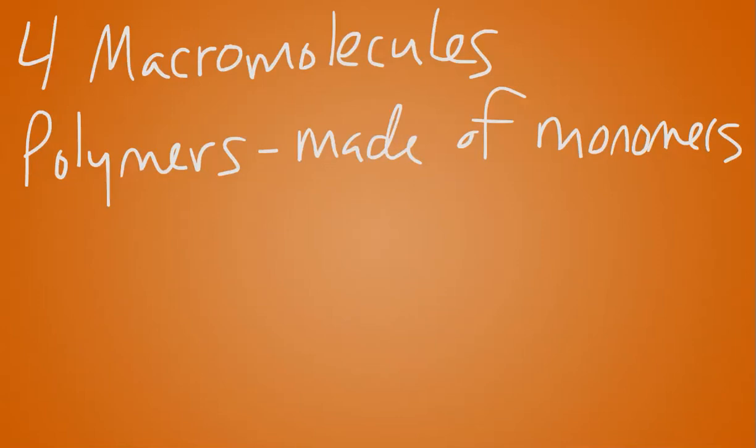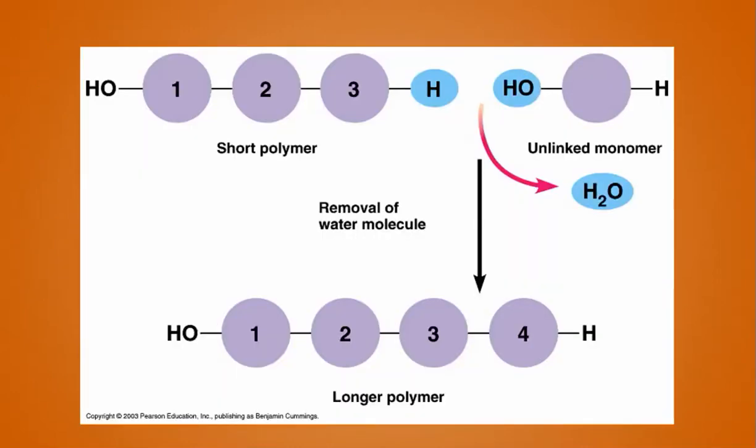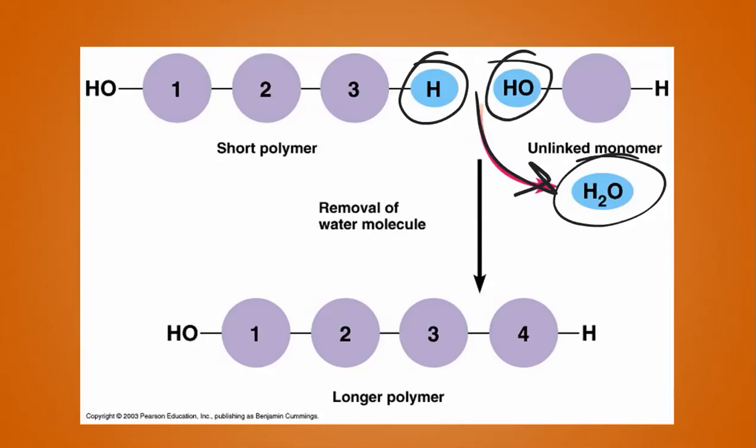We said that the monomers themselves come together and connect by a process called dehydration synthesis. And dehydration synthesis is just simply the process by which we remove water. We remove a hydrogen and a hydroxyl group, and we put a bond between 2 monomers by removing water.